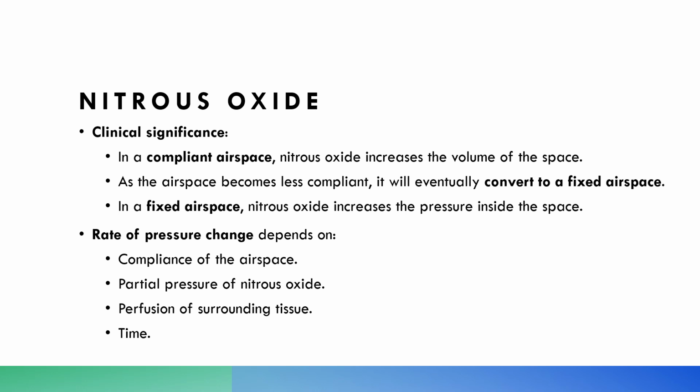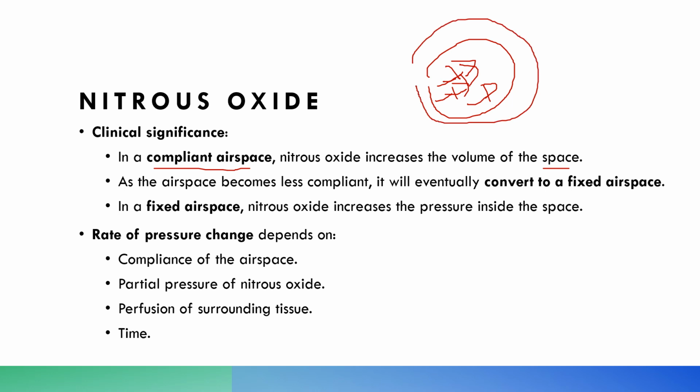In a compliant airspace, nitrous oxide increases the volume of the space. Compliant meaning that it responds to an increase in pressure. So as I apply more pressure and more volume, more gas into a space, it's going to get larger.